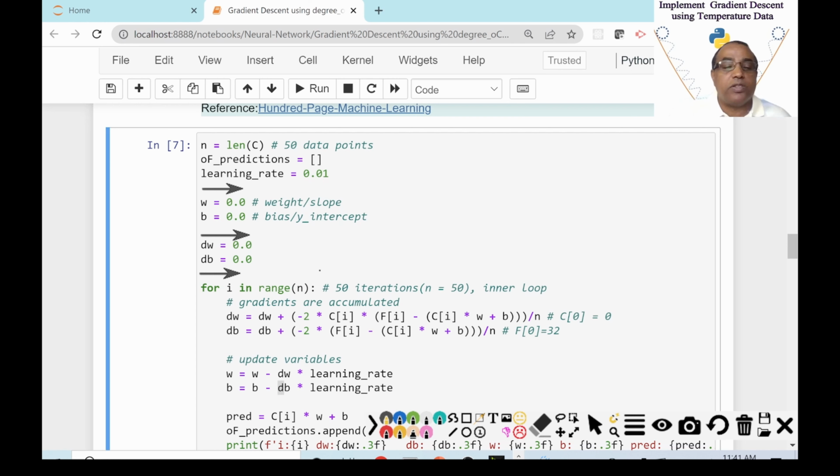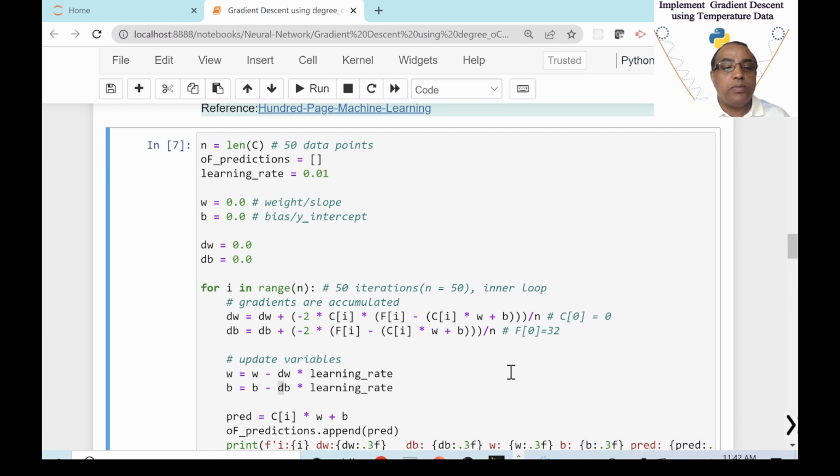So think about this one, this one, or this one. All right. Now let's try to implement the outer loop over here. Let's say for epoch in range 120.